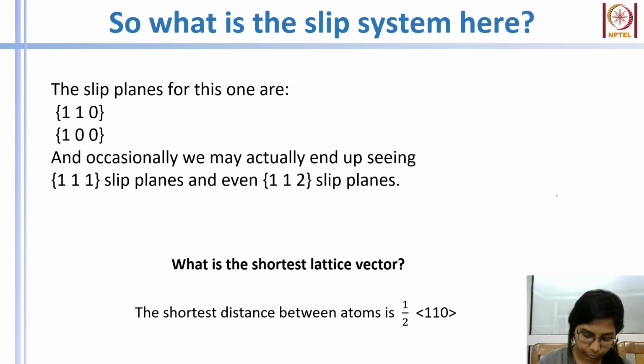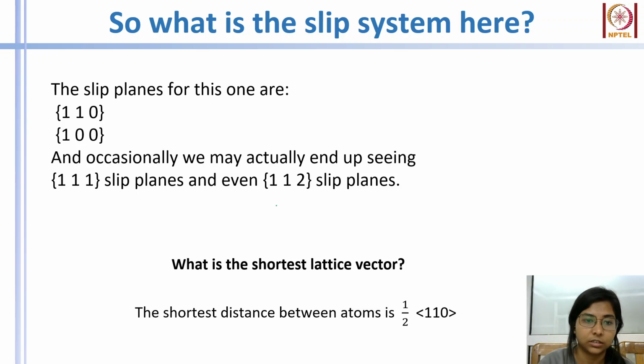Okay, so then what is the slip system here? There are 2 things here. When we talk about dislocation, there will be the slip system and there will be the shortest lattice vector.